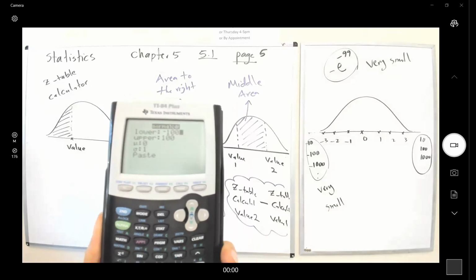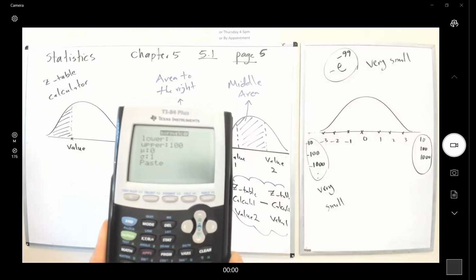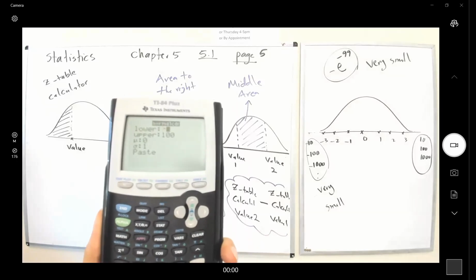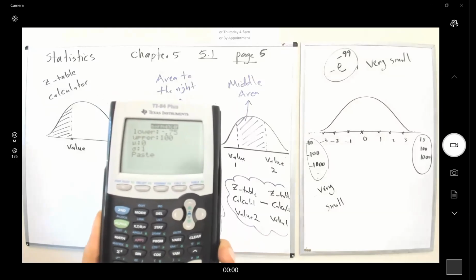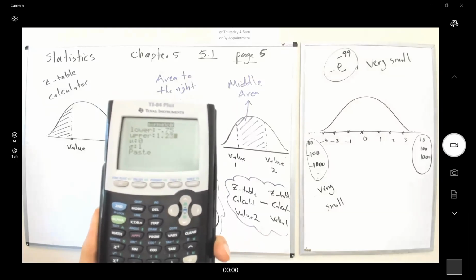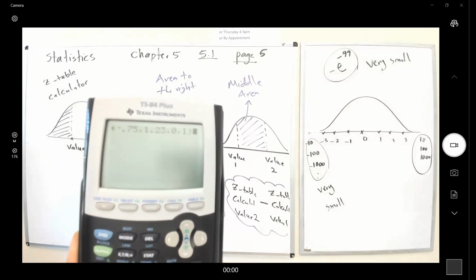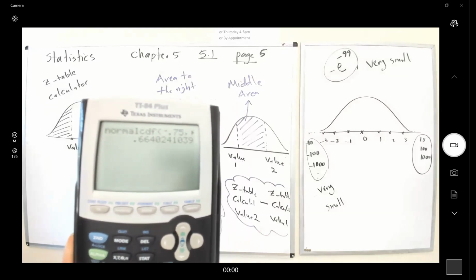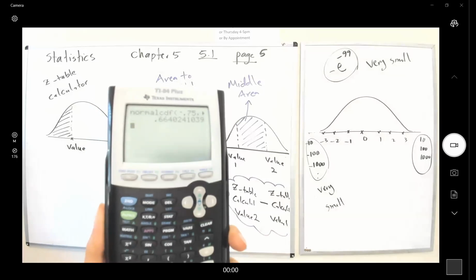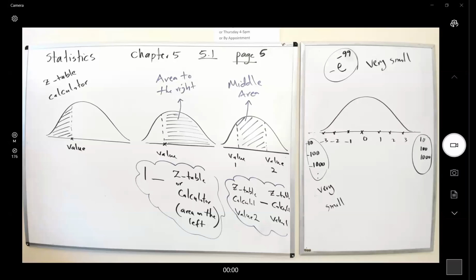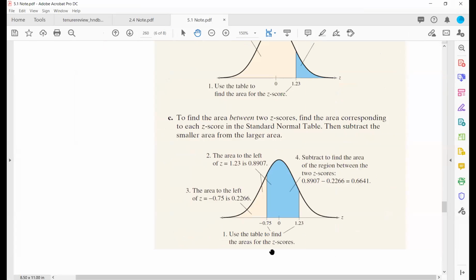Or you can say, why don't you directly use the lower limit that you have, which is negative 0.75? Why not? So your lower limit is given, your upper limit is 1.23. Enter, enter. 66%. Here we go. As you can see, it's exactly the same as the value that you have in this example, which is 66%.